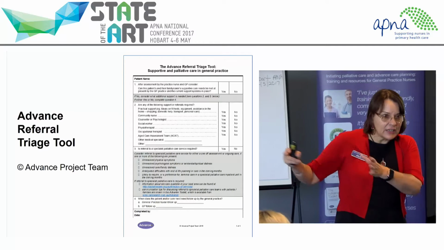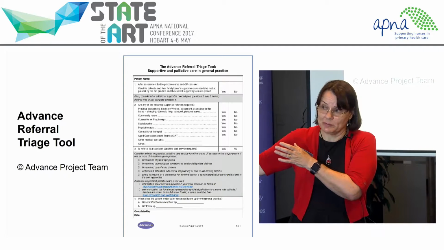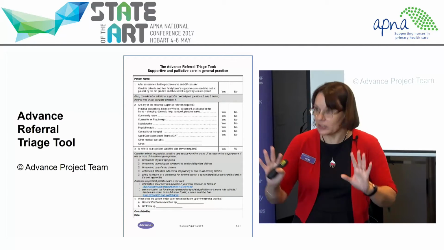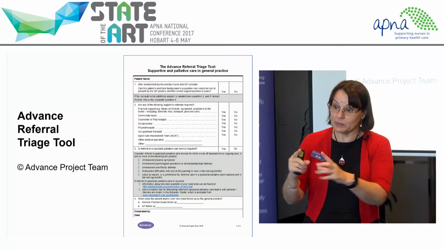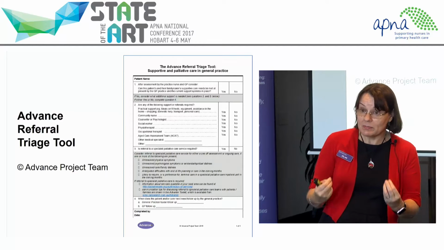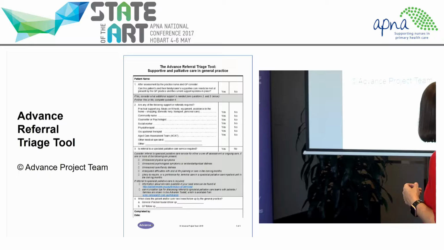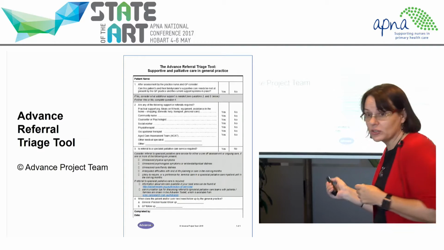The end of life is one of the phases of palliative care. I mean, we discharge people from my unit. They would go home, we'd sort their symptoms and pain out, they'd go home, they may come back in 6 months, but it's not all about we've given up on you. This is about making sure your quality of life is improved. So that's the Advanced Referral Triage tool. It's a really good guide.